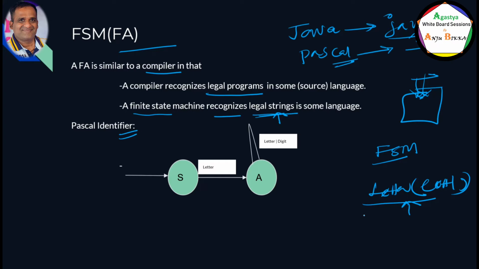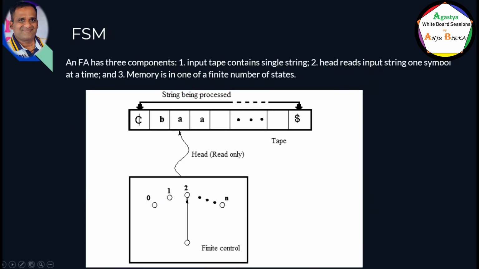So these are the legal identifiers in Pascal. To recognize this pattern, this is a sample FSM. It has a start state. If any letter is encountered, it enters the next state. Then on a letter or digit, it loops. So this is a simple FSM to recognize identifiers in Pascal.